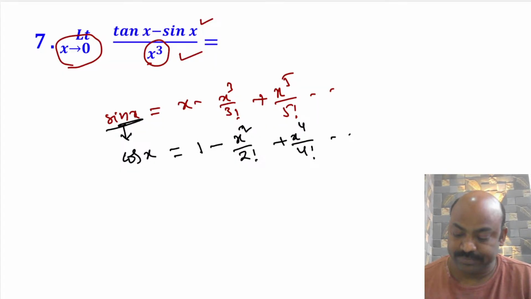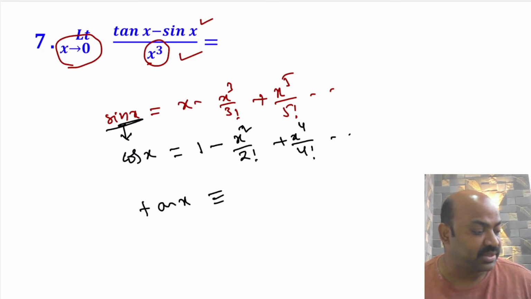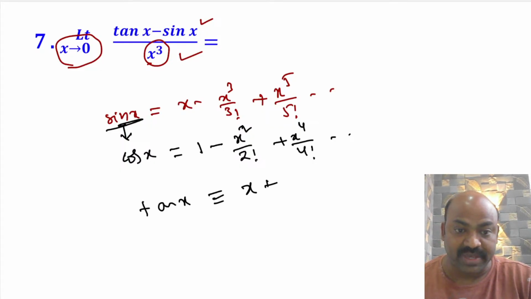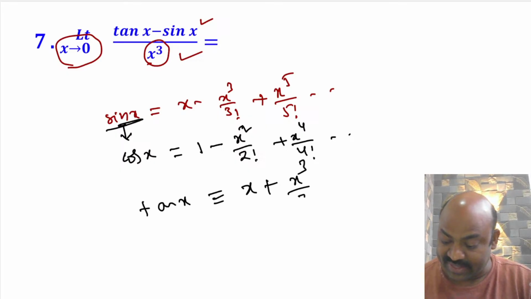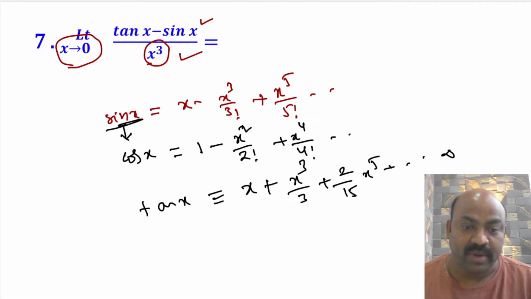This is cos x. Now when I divide these two, that is tan x, and after simplifying you will get tan x as, follow me carefully, x plus x cube by 3, not factorial, and 2 by 15 x power 5 and so on, infinite. Enough.